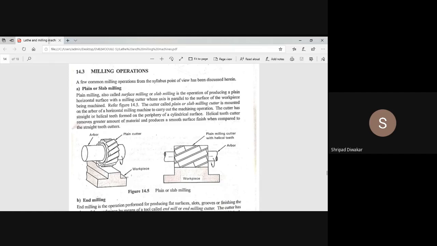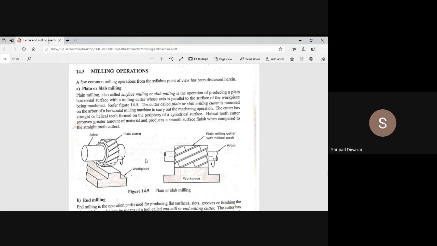So the cutter moves in a direction parallel to the workpiece, and the cutter used in plane milling is called a plane cutter. You see, the plane cutter is fixed on the arbor, and this is our job, where machining is performed and we generate the flat surface.